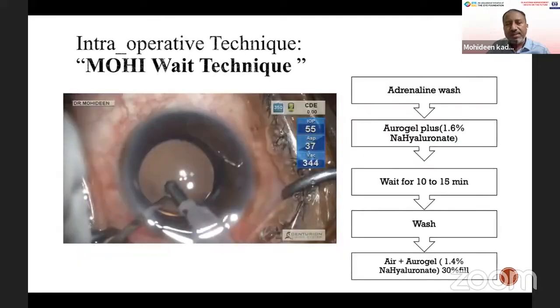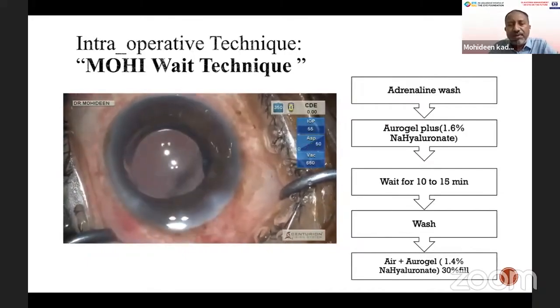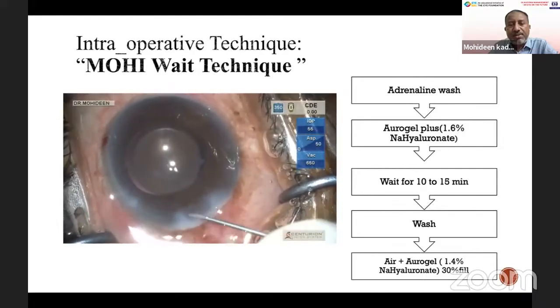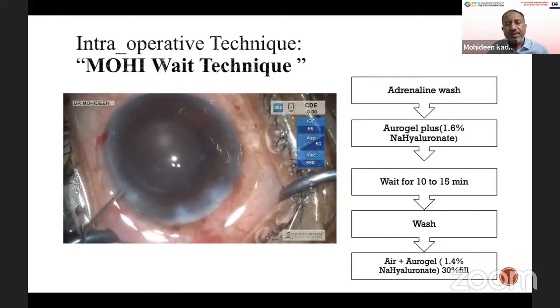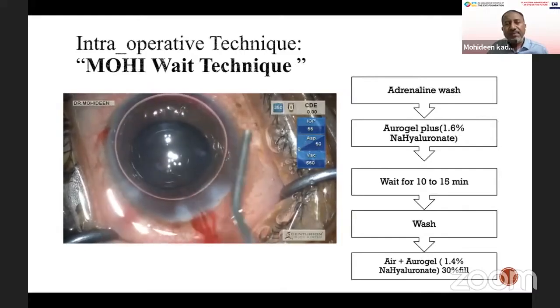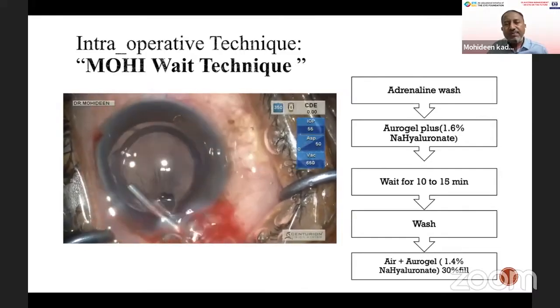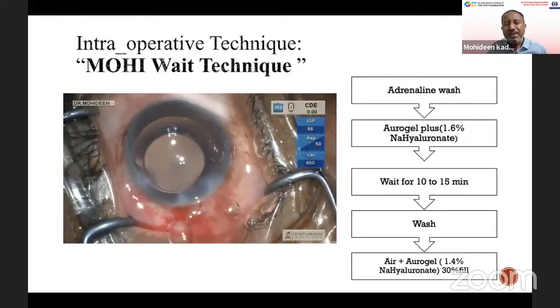And this is the technique I just learned, what Askar was saying. I wash the viscoelastic after GAD. Then I use adrenaline in the anterior chamber. Then I use air tamponade. Then I fill with the 1.6% sodium hyaluronate. So what I do, I just wait for 10 to 15 minutes. If you don't want to wait, you can go do another case, do a FACO and come back.